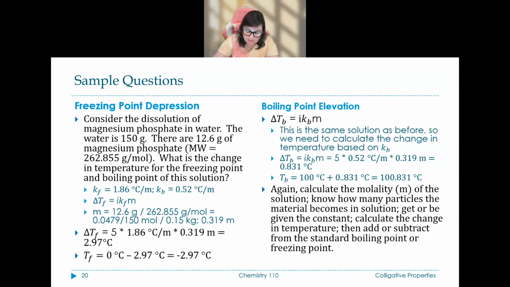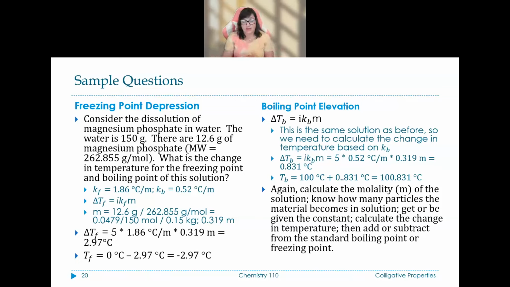We have delta TB equals i Kb m, which is equal to 5 times the 0.52 degrees C per molal, which is the Kb, times that 0.319 molal, and that's equal to 0.831 degrees C. Since I want to look for TB, I take my original temperature, 100 degrees C, add the 0.831 degrees C, and it gives me 100.831 degrees C as my final TB.